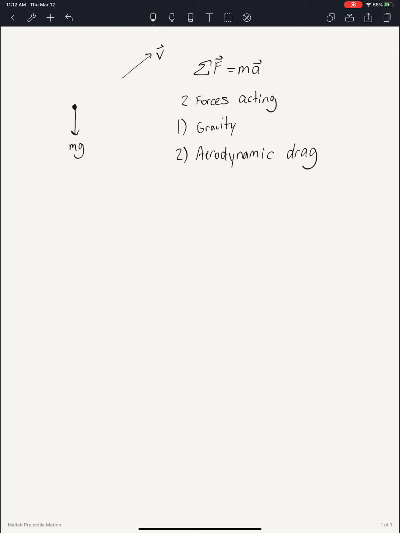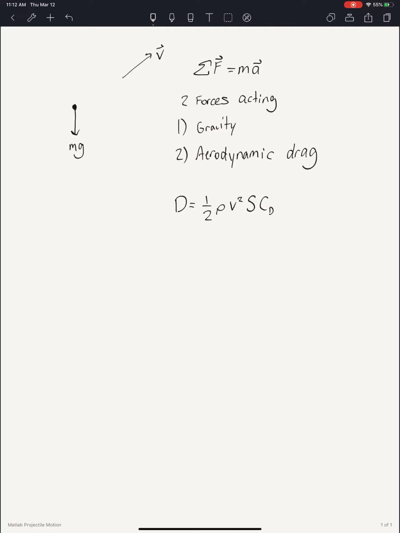And the general formula for the atmospheric drag force, or the aerodynamic drag force, is that the drag is equal to 1/2 times the density of the air times the speed of the object squared times the generally cross-sectional area and the coefficient of drag.